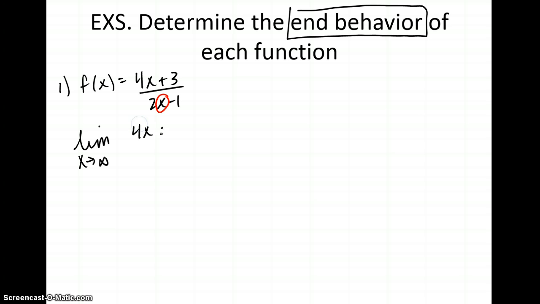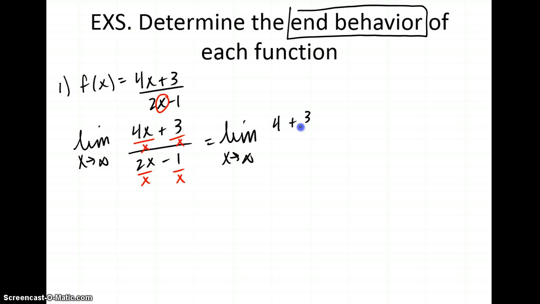So we have 4x plus 3 divided by 2x minus 1, and we're going to divide each term of the numerator and denominator by that degree term. We have 4, and I'm going to simplify each term.